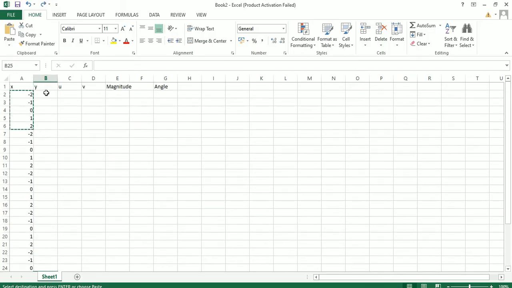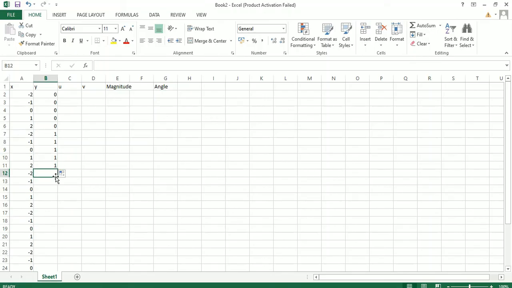Then from here you go to the next cell. Our y values, you are going to start from 0. So let's enter 0. Then you move your mouse to the far right end of the cell, then you move it to 2. Then you're going to have zeros throughout. Then the next value is going to be 1. So let's enter 1, then move it all the way to 2.